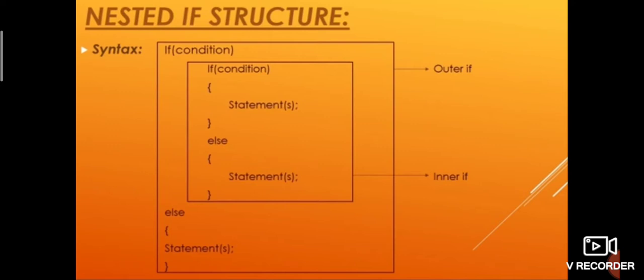If the condition of the inner if is false, then the statements following the else of the inner if will be executed. What if the condition of the outer if is itself false? In that case, the statements at the last, that is the outer if's else, will be executed. Okay, so this is the syntax of the nested if structure.